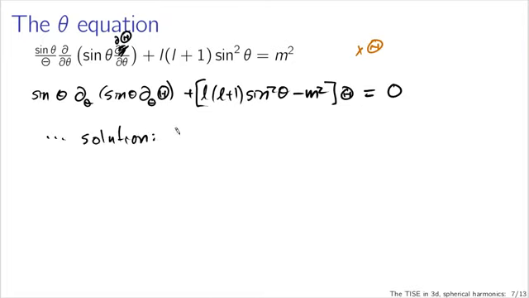The solution here is that theta, as a function of angle theta, is given by any proportionality constant. As before, the Schrodinger equation is linear, so we can choose whatever proportionality constant we want, such that we can normalize our wave function, multiplied by something called an associated Legendre function.